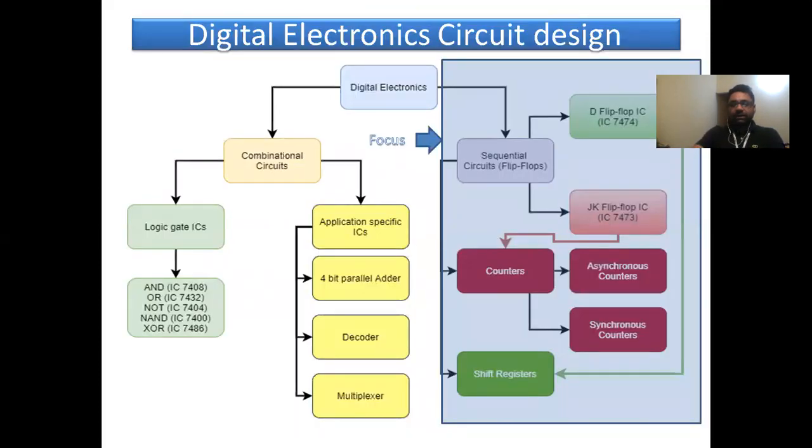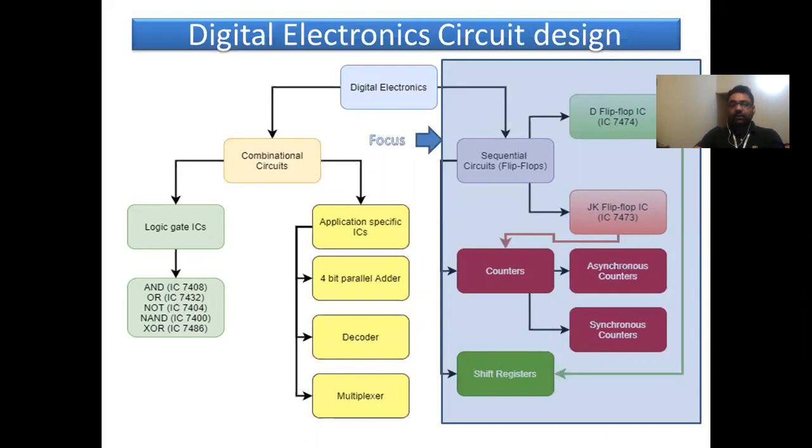Digital electronic circuits, as we have already seen in the past two video lectures, are mostly of two types, that is combinational circuit and sequential circuit. And sequential circuits are mostly implemented using flip-flops. From this digital and linear integrated circuit perspective, we are going to use two types of flip-flop, that is your JK flip-flop and D flip-flop.